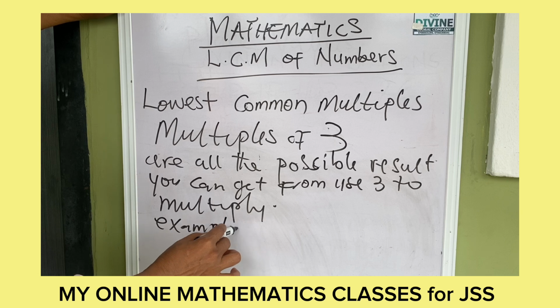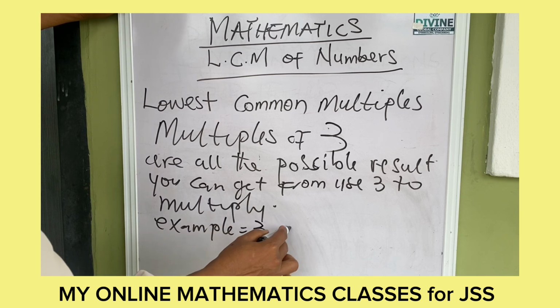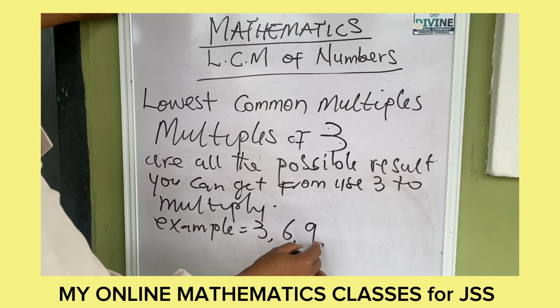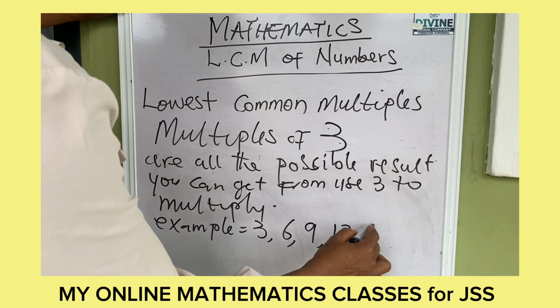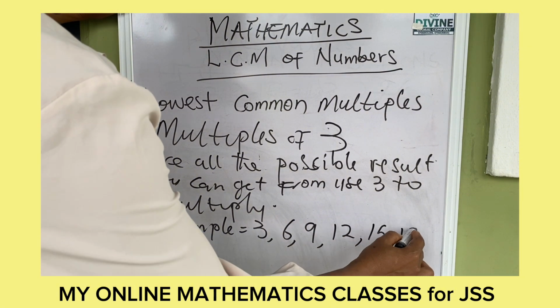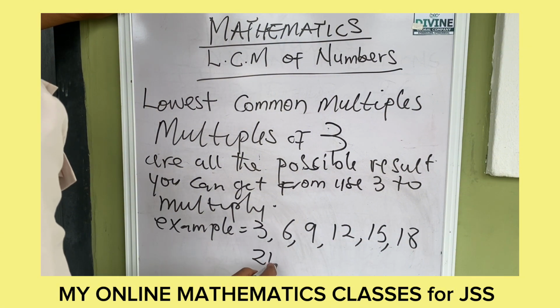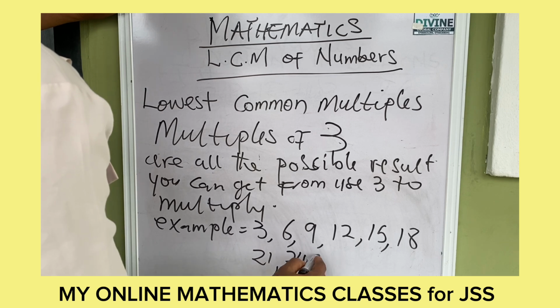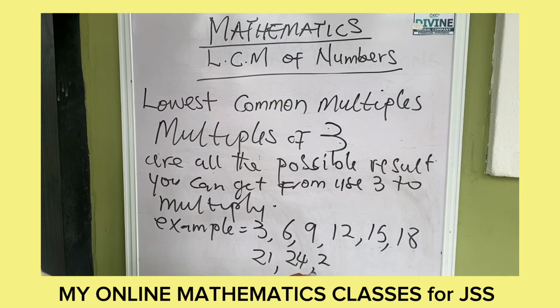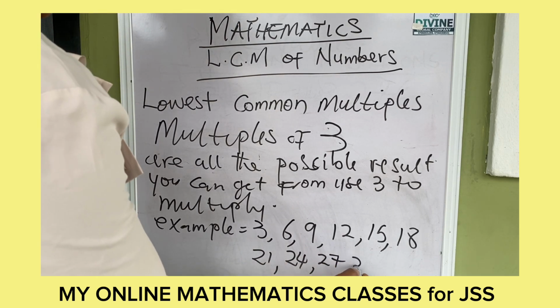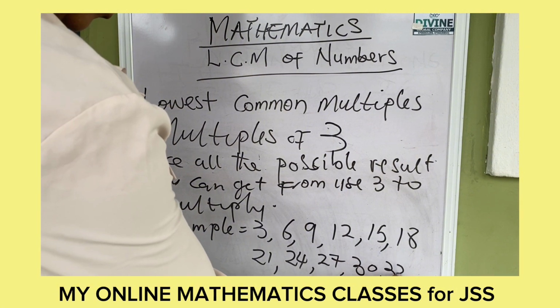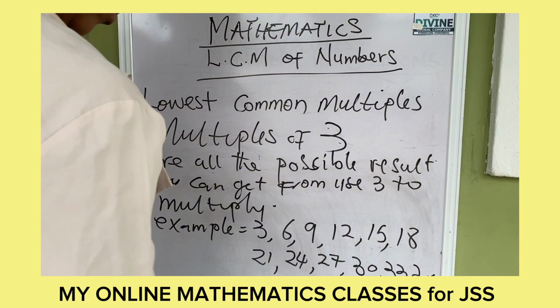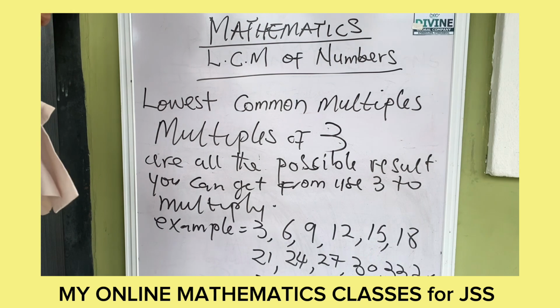You just keep adding 3 to your first number: 3, 6, 9, 12, 15, 18, 21, 24, 27, 30, 33, 36.